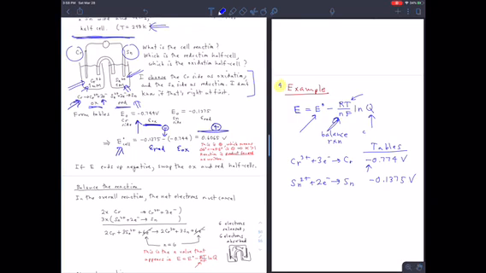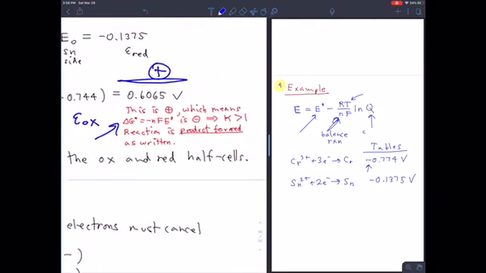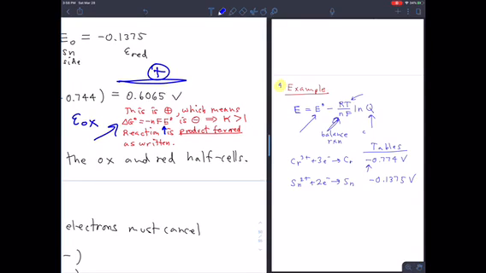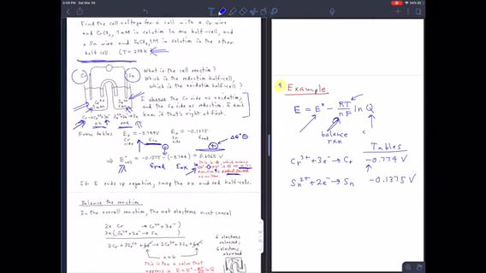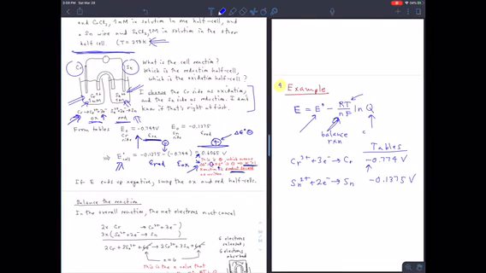The standard state cell potential is related to the standard Gibbs free energy change for the reaction with a minus sign in between. So a positive cell potential means we're going to have a negative standard Gibbs free energy change for the reaction. That's going to make the equilibrium constant for the overall reaction greater than 1, and that means we've got a product favored reaction. You can tell all of that just by looking at the sign of the standard state cell potential. All right.